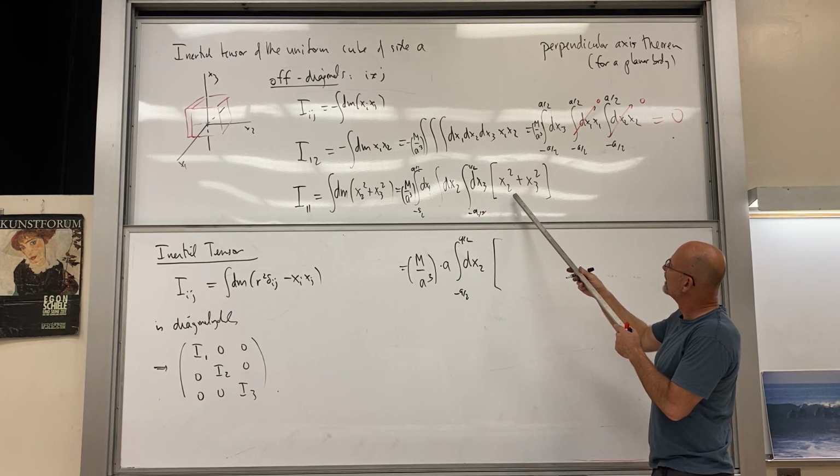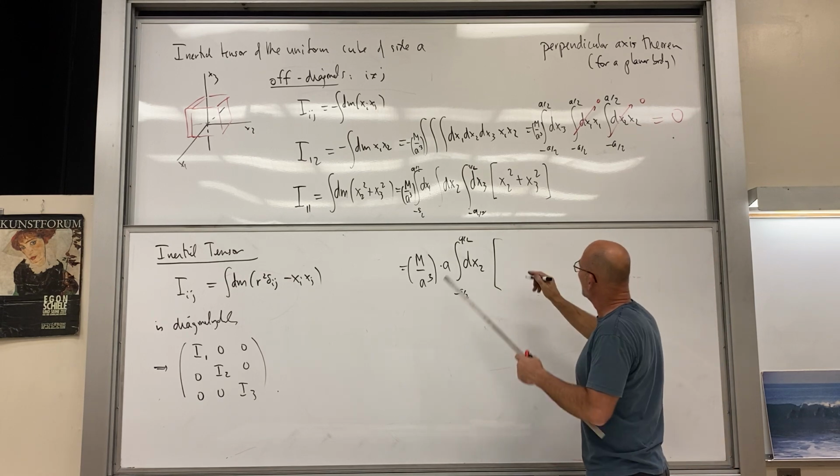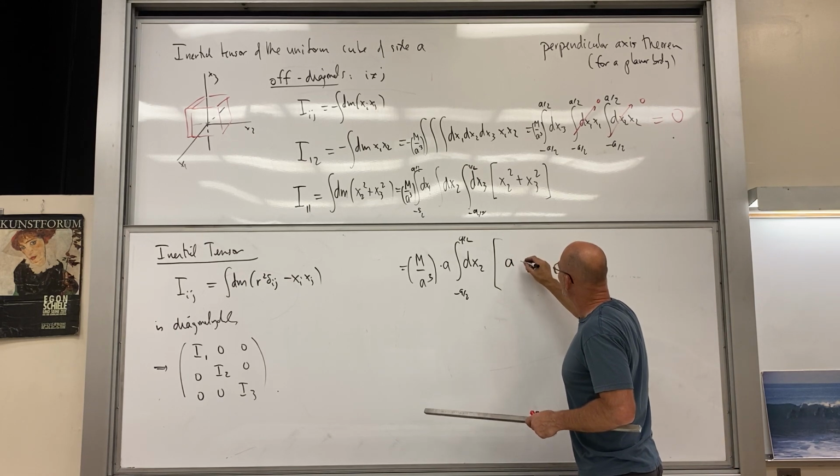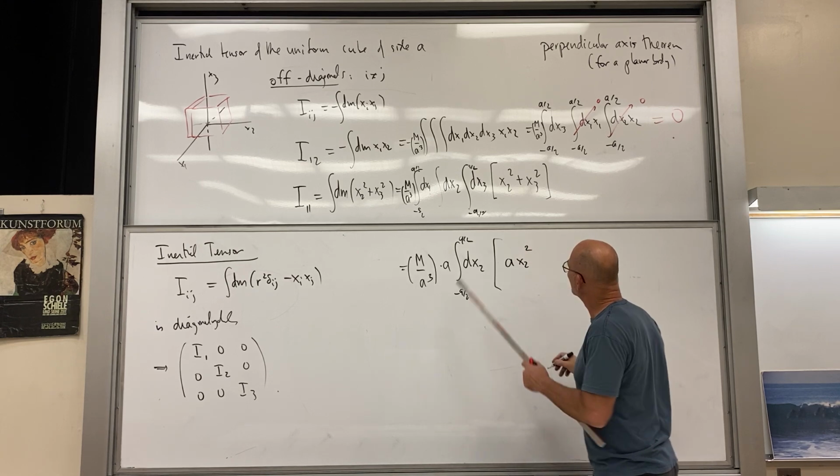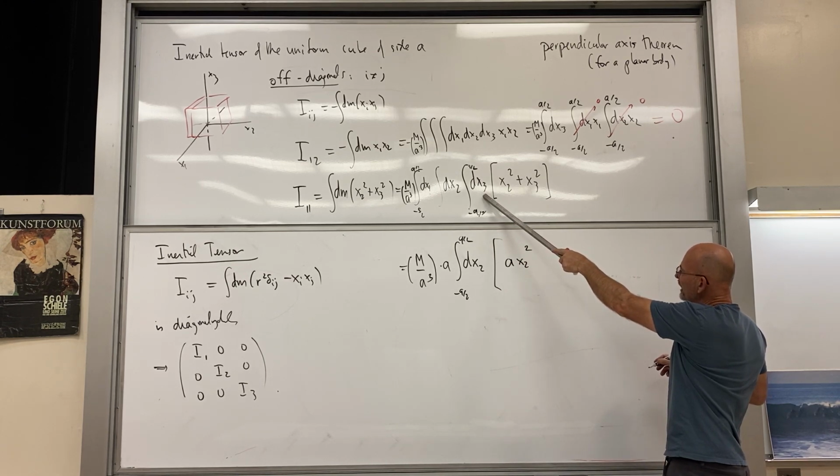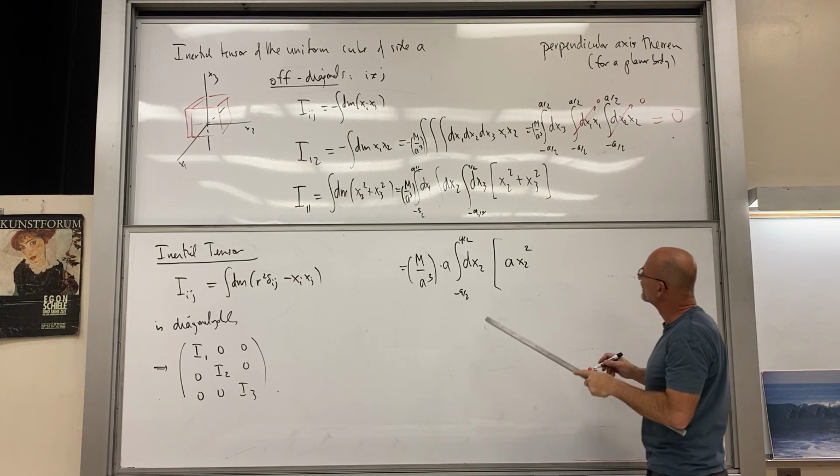Now if we do this one, for minus a over 2 to a over 2, we're going to have a times x2 squared, because we're only integrating over x3.